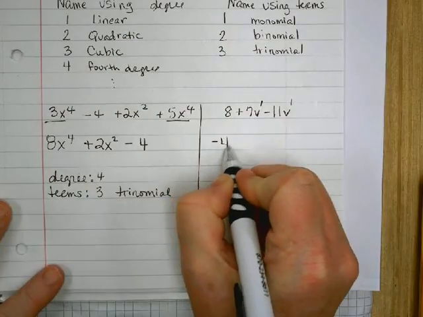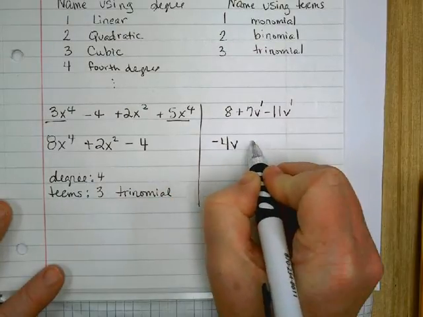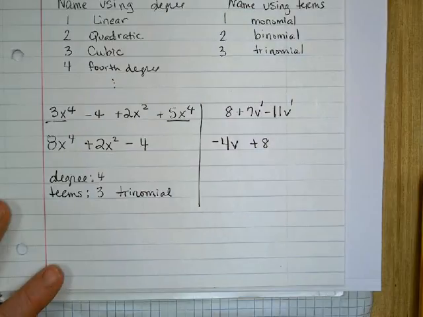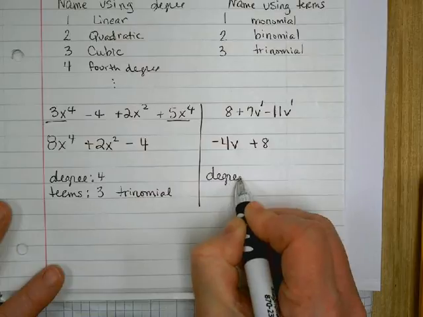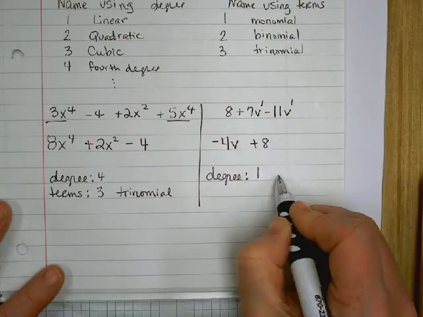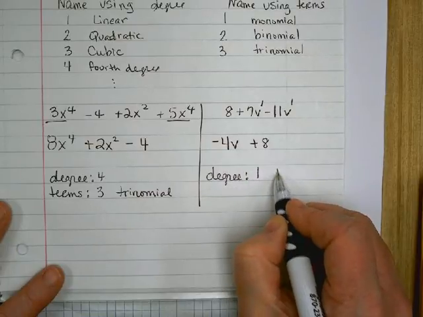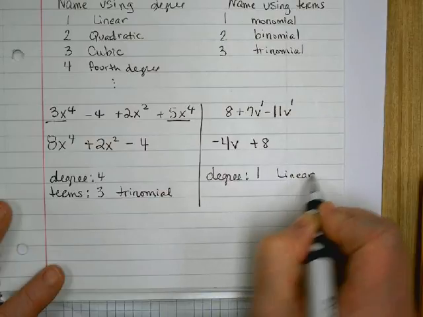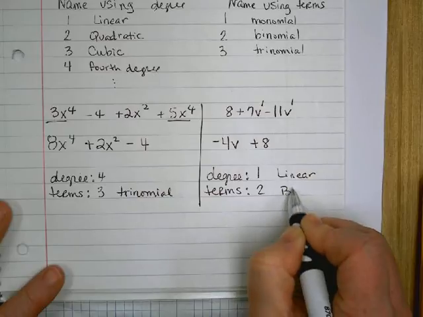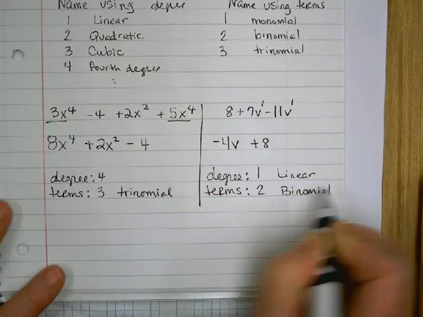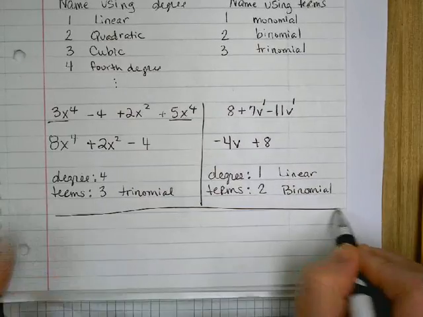Negative 4v plus 8. Now, what's the degree? So that makes it linear. And how many terms? 2. Which makes it a binomial. Okay.